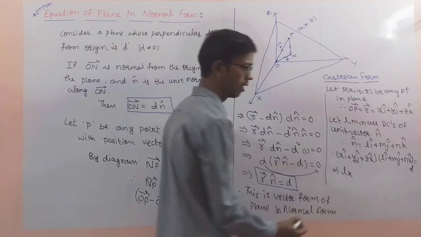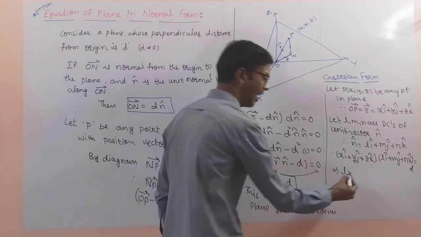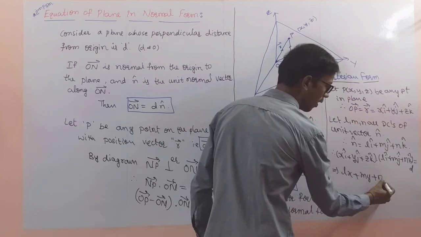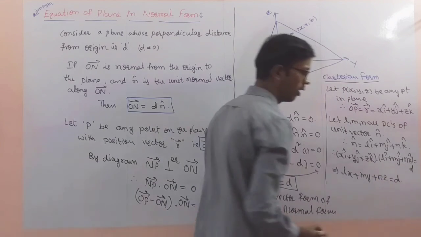If you multiply corresponding elements, lx plus my plus nz equals d.